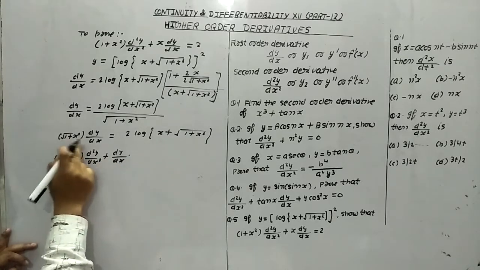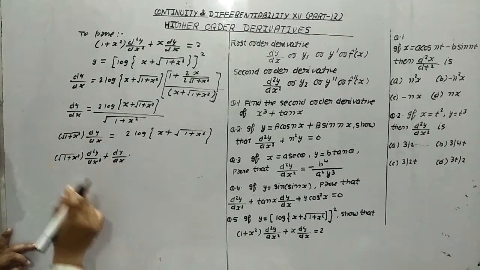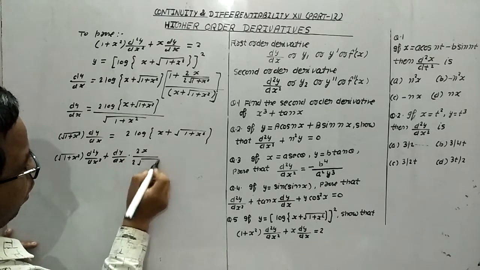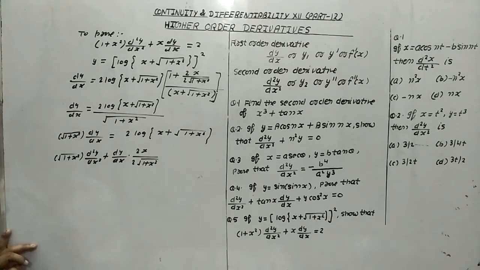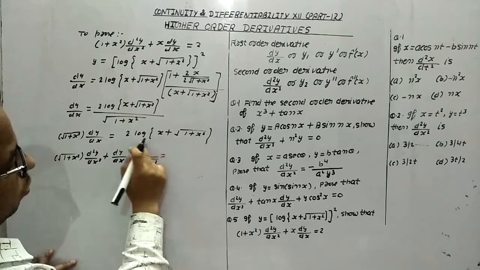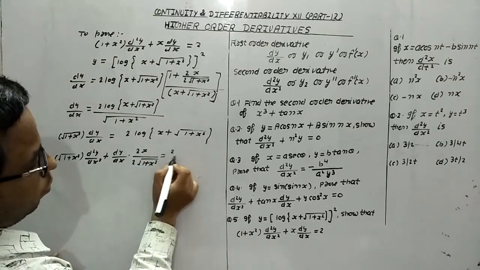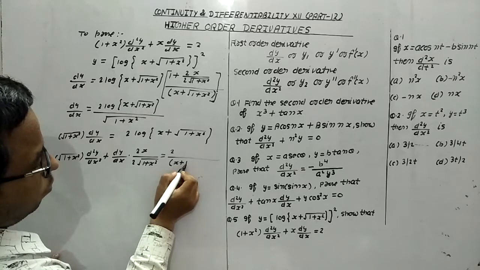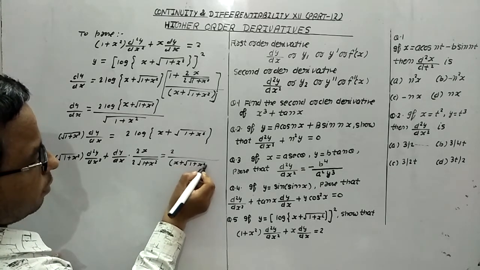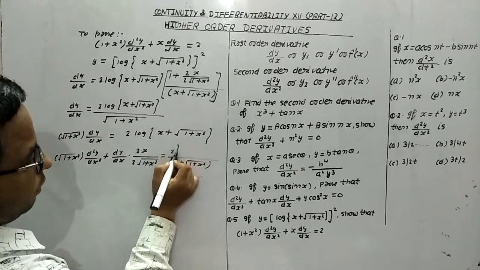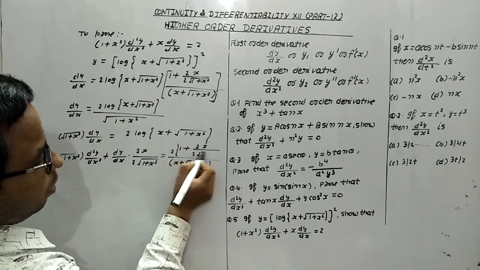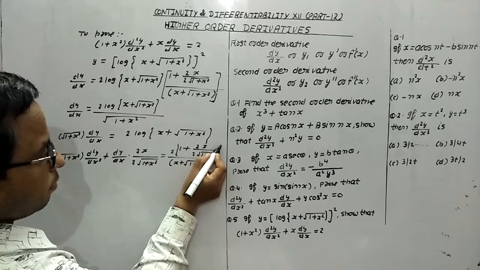And what is the differentiation of under root 1 plus x square? It means 2x upon 2 under root 1 plus x square. Now differentiation of this is t, 2 log t means 1 upon t. It means 1 upon x plus under root 1 plus x square. Same way, what is the differentiation of this? 1 plus 2x upon 2 under root 1 plus x square.